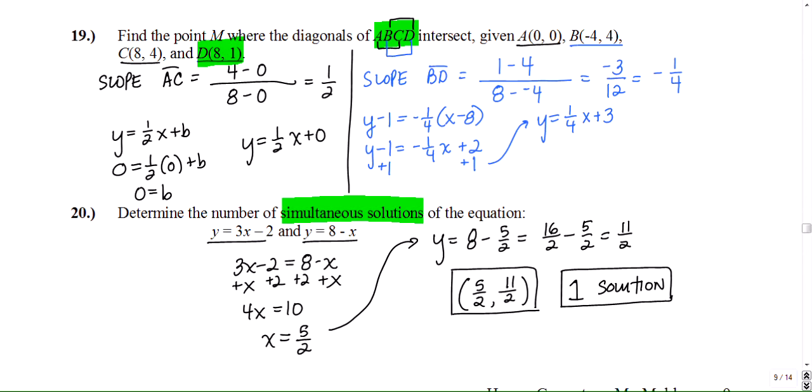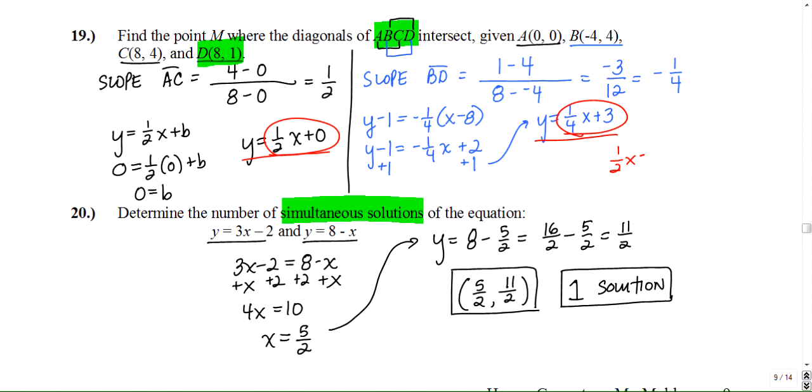I'm still not done. I want to find where these diagonals cross. I want to basically prove where they cross or identify where they cross algebraically. So I'm going to take the two equations of the diagonals and I'm going to set them equal to each other. The nice thing about what I did was that I have these equations with y equals in both cases. So all I need to do is set this and this equal to one another.